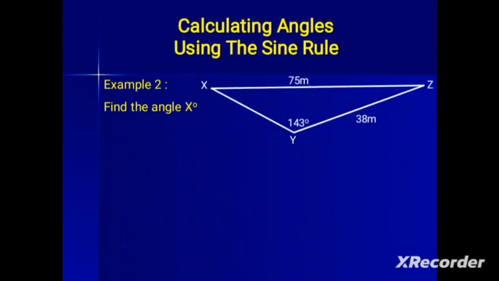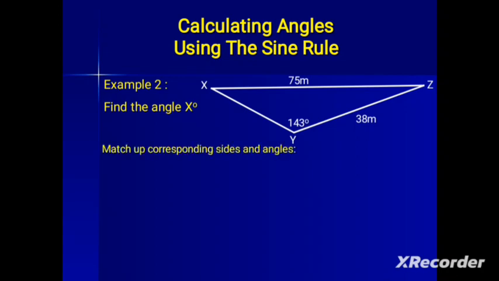Now, example 2: find the angle x degrees from the triangle XYZ. The side corresponding to the angle at x is 38 meters. The side corresponding to the angle at y, that is 143 degrees, is 75 meters. There is no information given on the angle at z and its side.